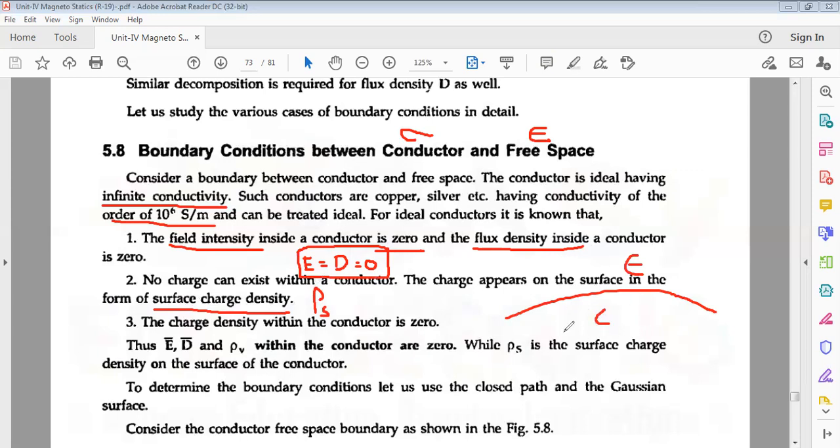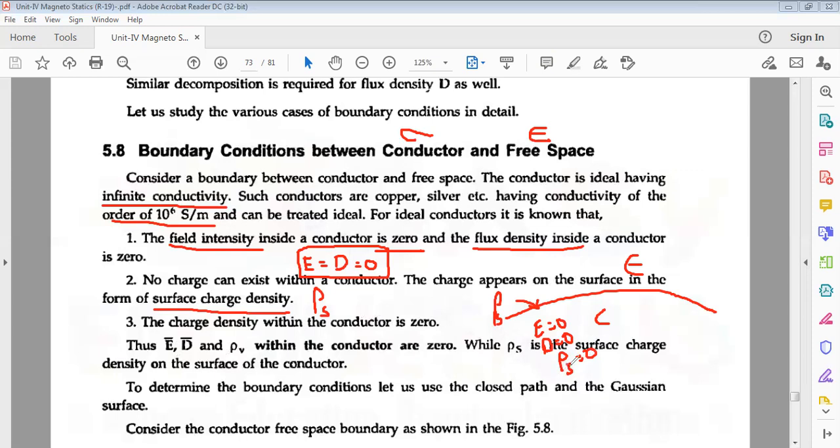Inside, the electric field is 0, electric flux is 0, and similarly rho s is also 0. Where it is rho s, we have it on the surface. Okay, the charge density within the conductor is 0.